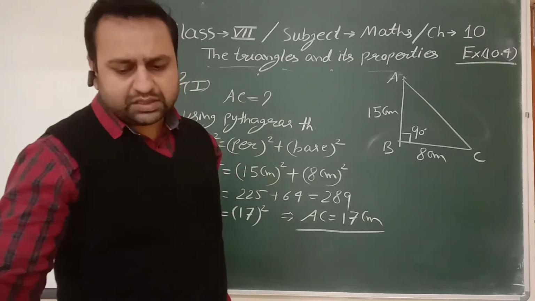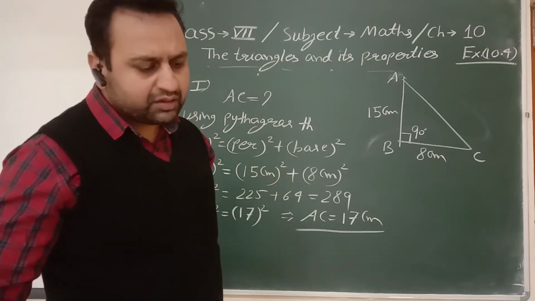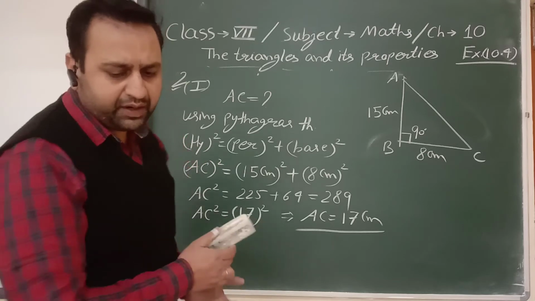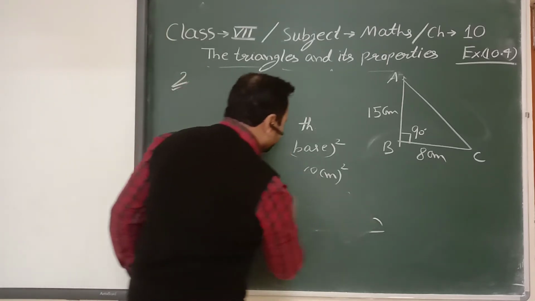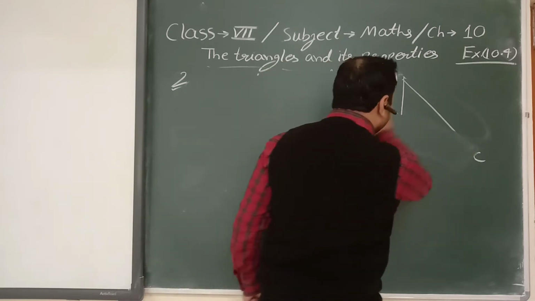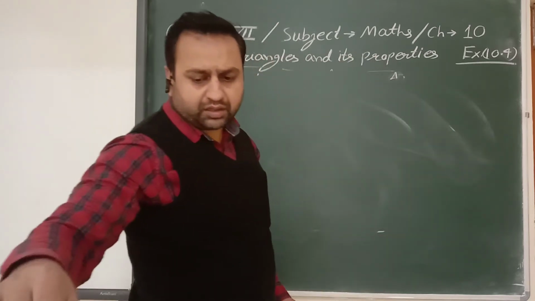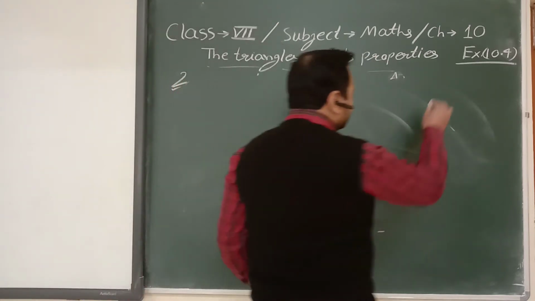Now we discuss its second part. In the second part, a triangle is given, triangle PQR.